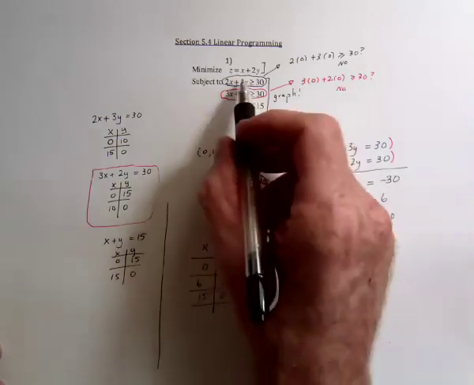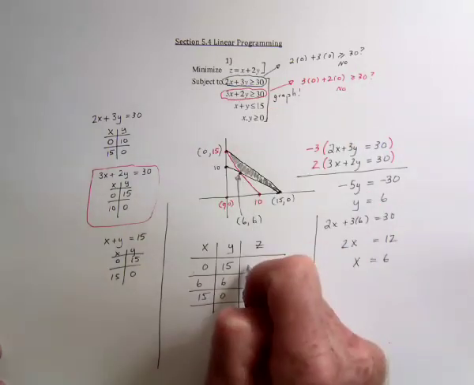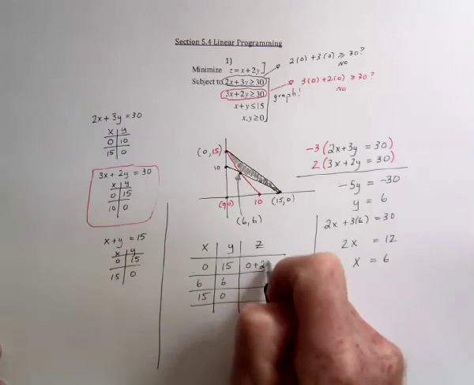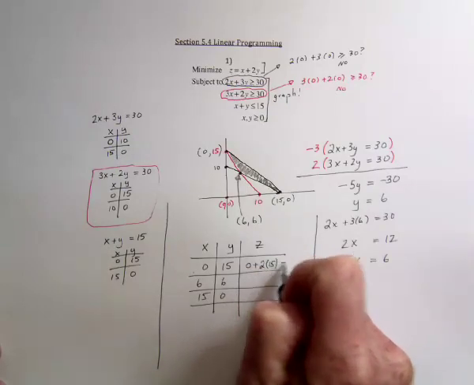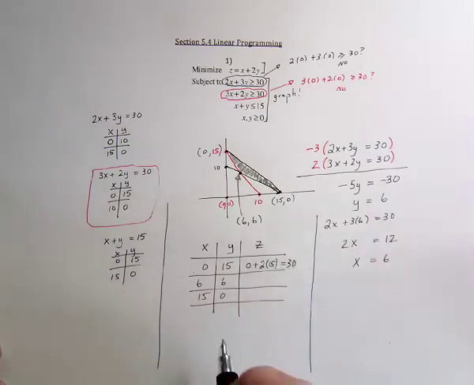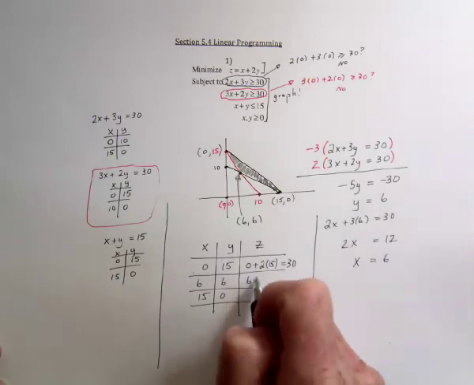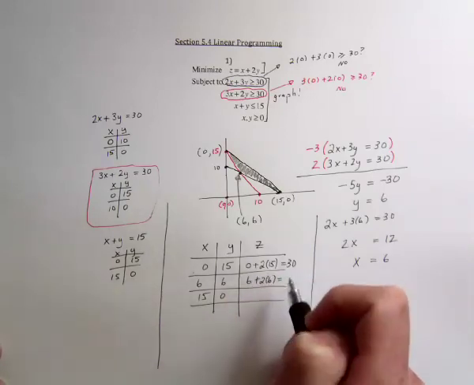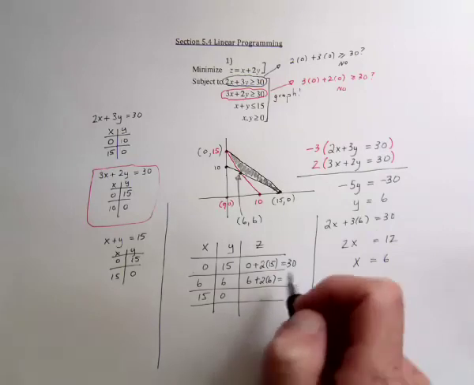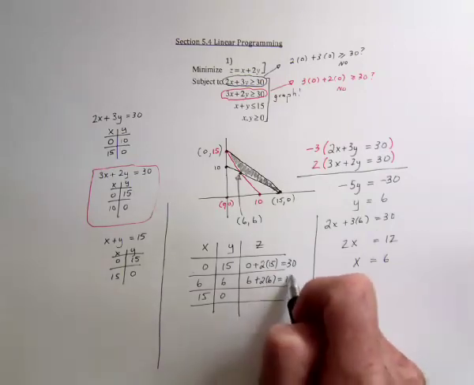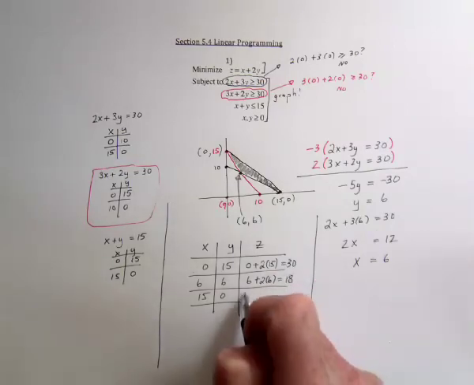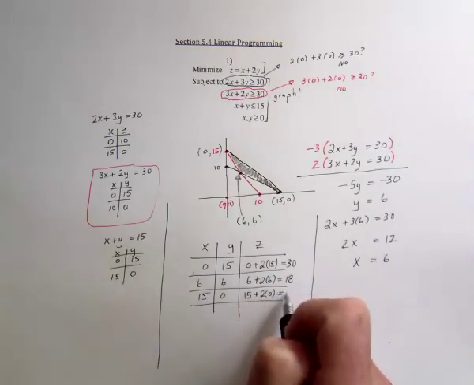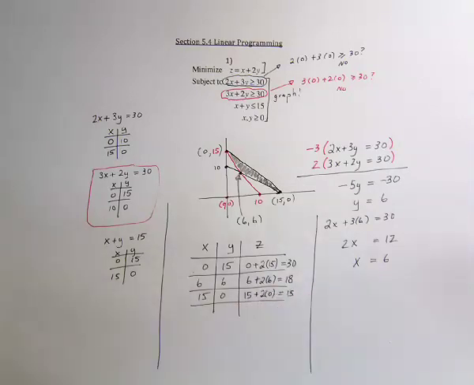Substitute those into the z value, and this one's going to be x, and then double the y value, makes a 30. And then x plus double the y value is 12, and 6 makes 18. And then x plus double the y value is 15.